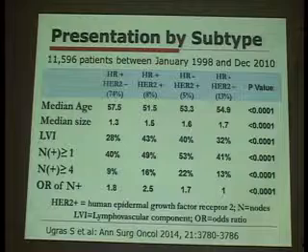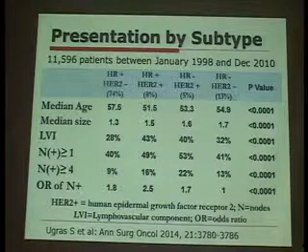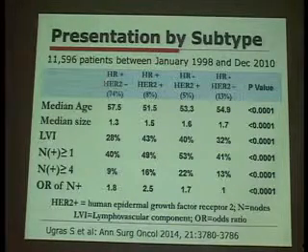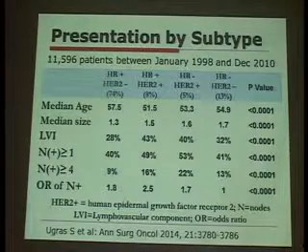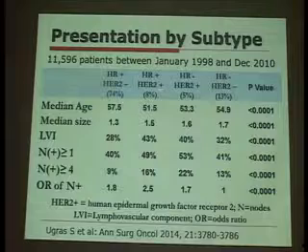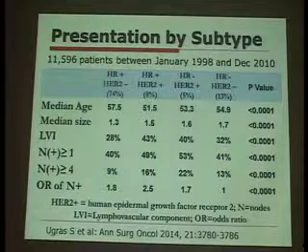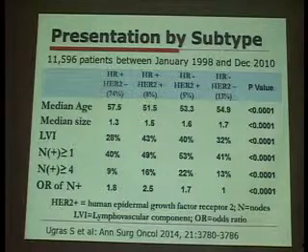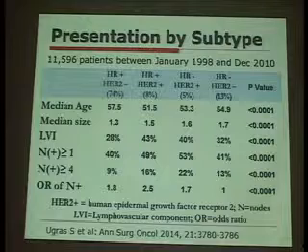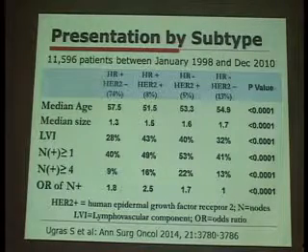And because we did not do molecular subtyping on these patients, we divided them into hormone receptor positive, HER2 negative; hormone receptor positive, HER2 positive; hormone receptor negative, HER2 positive; and the triple negative.